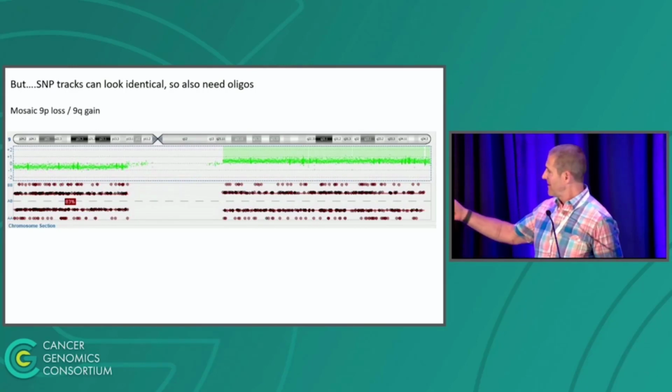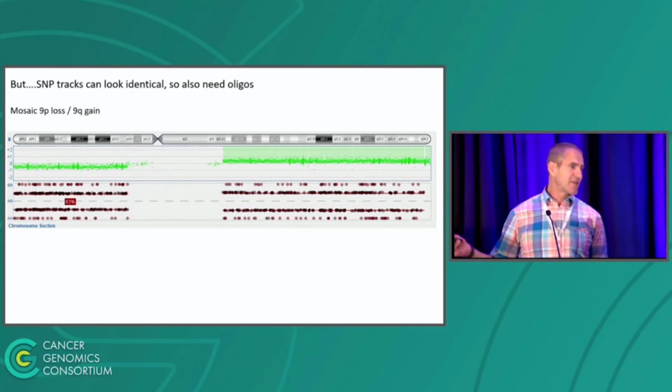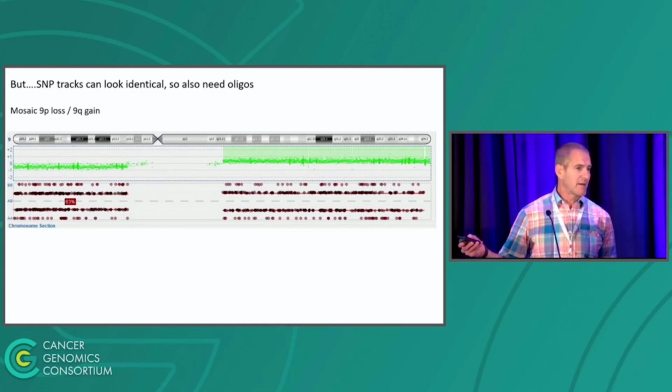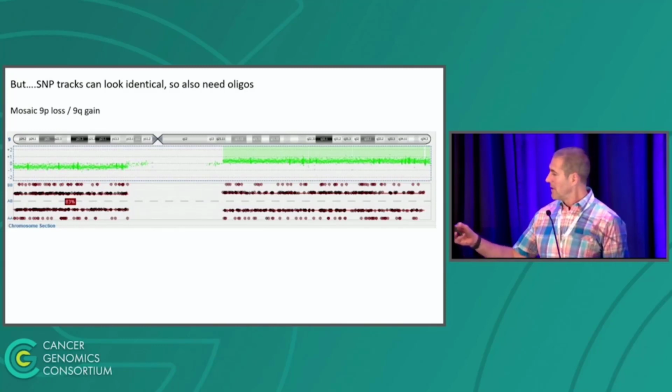So one thing, and this is maybe just to try to bring us all together here, is that you need both. And so this is an example of a mosaic gain and loss. Most likely a ring chromosome, or an iso 9q. But what you see here is a gain of the whole of 9q and a loss of 9p mosaic.